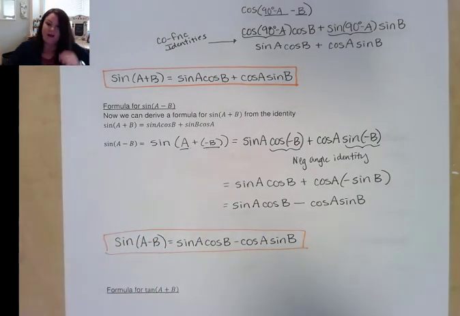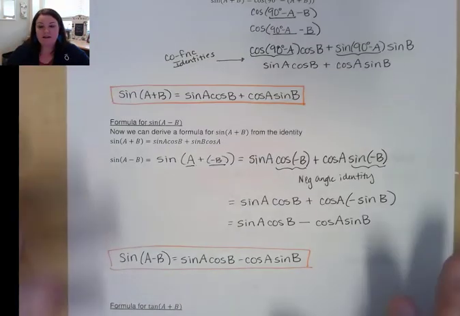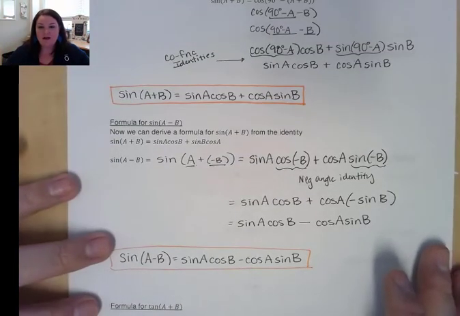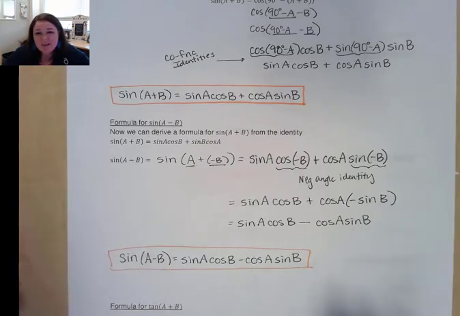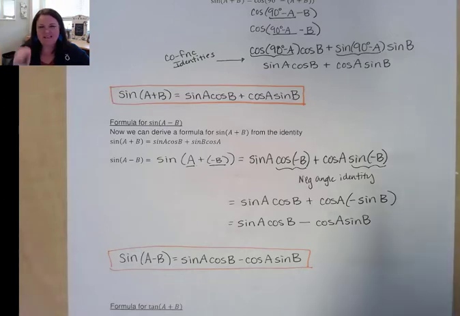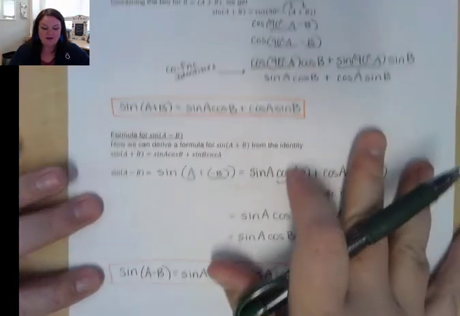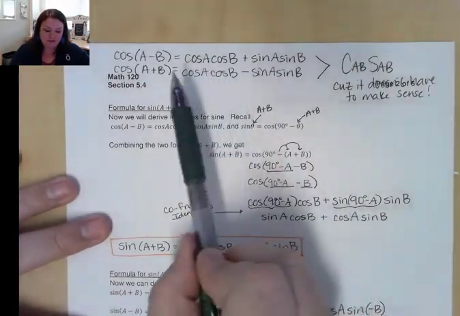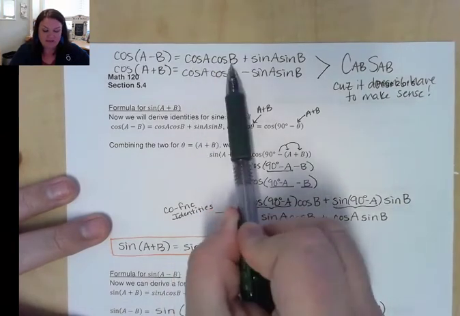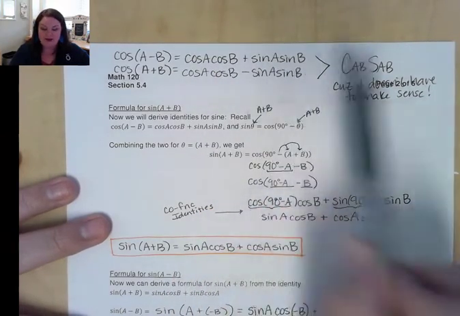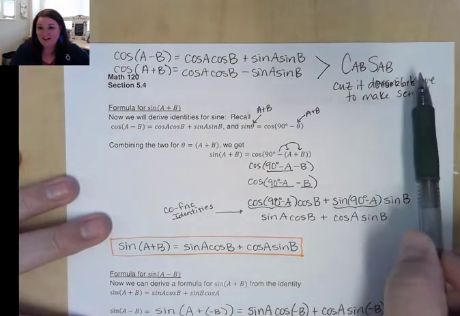Okay, so as promised, I want to help you come up with something that helps you remember this. All right, so now we have our two sine identities, but I'm actually going to modify it a little bit. I'm not going to change the identity itself, but I do want to modify it because it helps us remember it. Kind of like when we looked at our cosine one, we took cosine of both A and B and sine of both A and B, and that helped us write it as cab-sab, right?